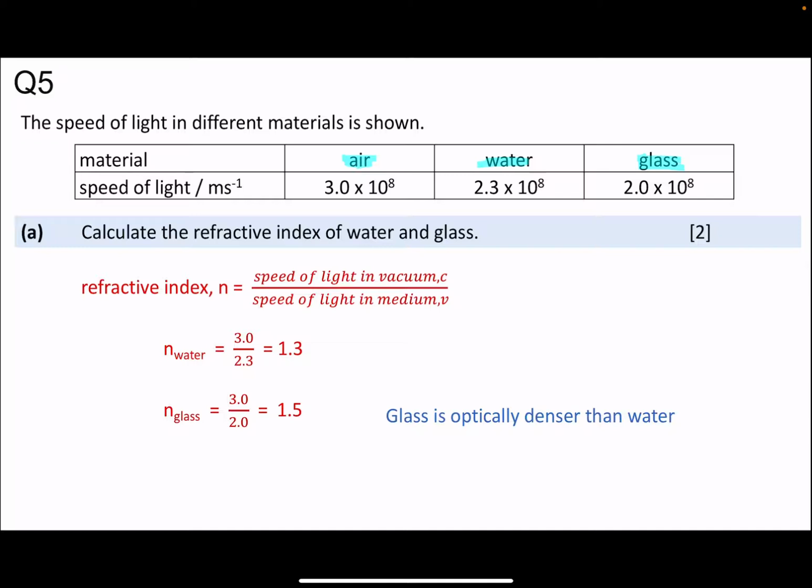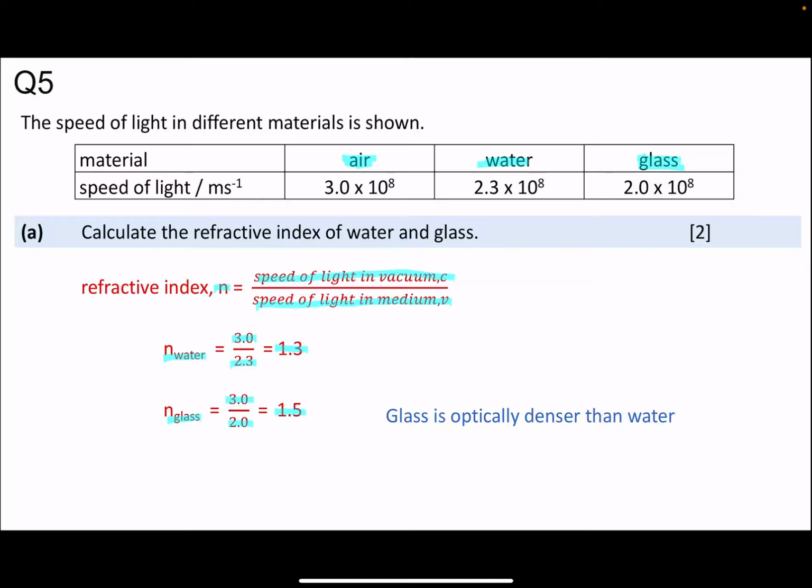The refractive index n is given by the speed of light in vacuum over the speed of light in the medium. So for refractive index of water, it will just be 3 over 2.3, which will give you 1.3. And refractive index of glass will just be 3 over 2, which will give 1.5.